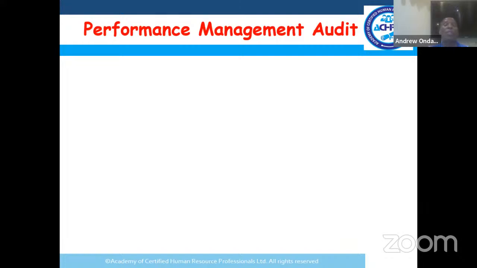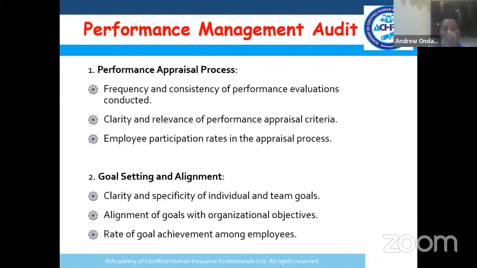So when we audit performance management, we are looking at the whole process from beginning to end and finding out areas of strength or areas of weakness. Where there are areas of strength, we maintain, and areas of weakness, we improve. And that brings us to that performance appraisal process, which is a component of performance management.